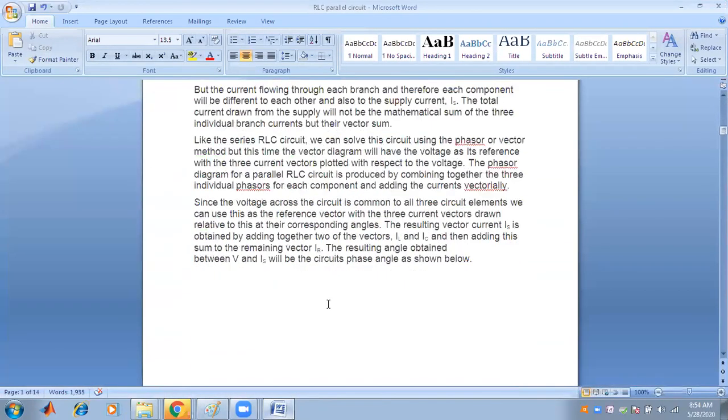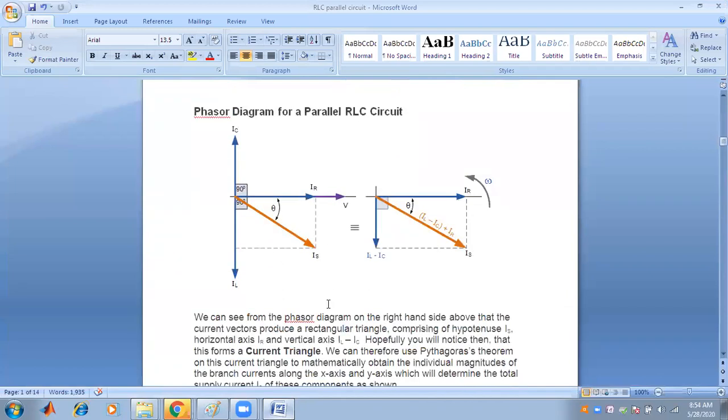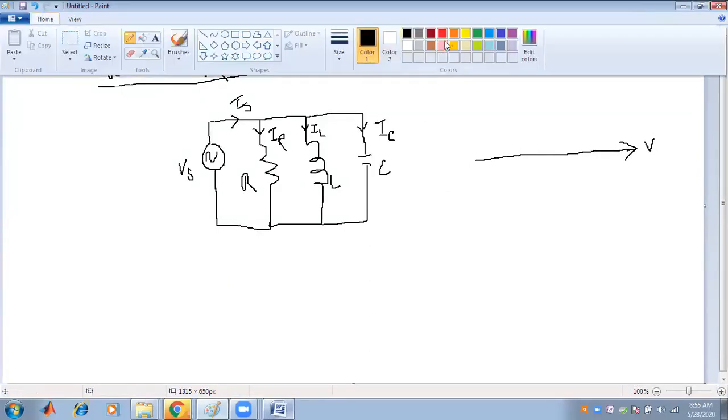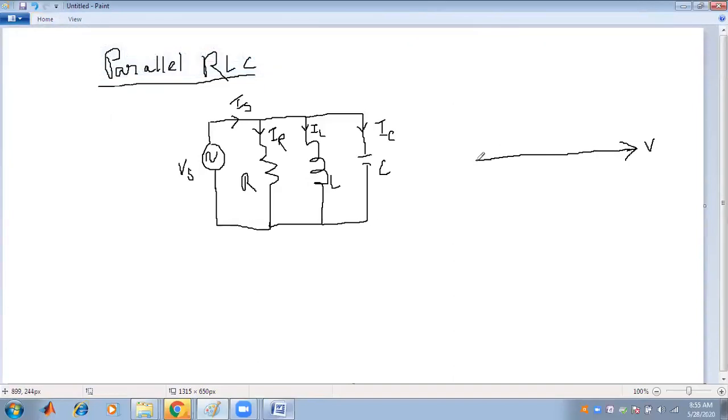Let us concentrate on the phasor diagram of the RLC parallel circuit. We take the voltage as the reference, and the current through the resistance, IR, will be in phase with this voltage.